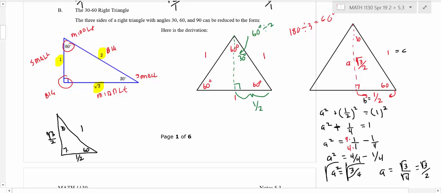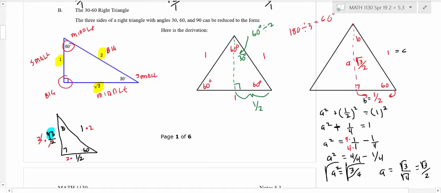Now, what you can do is, in a triangle, you can always multiply all three sides by the same thing. So I'm going to multiply all sides by 2 just to get rid of the fraction, and then I would end up having this reduced form. I would end up having square root of 3 there.